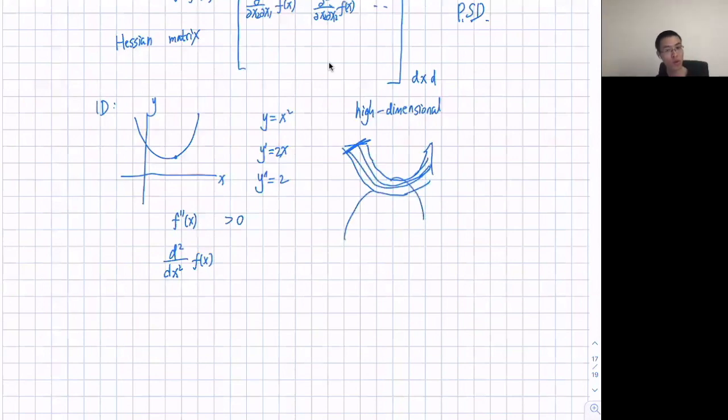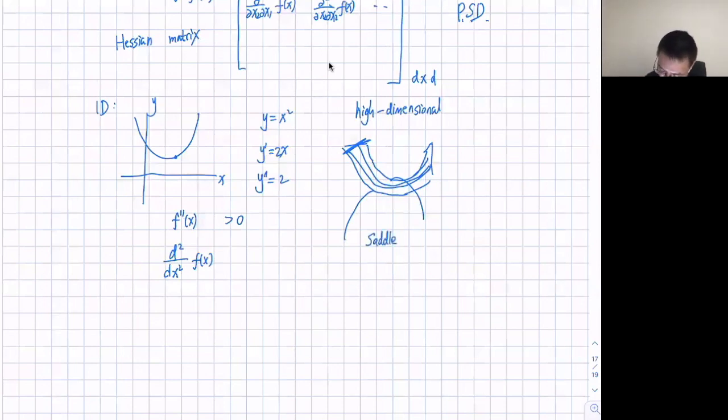It's very hard to draw, but it's definitely possible. You put a curve like this, and then you put different curves, so it's curving down in this way and curving up in that way. This is known as the saddle point.